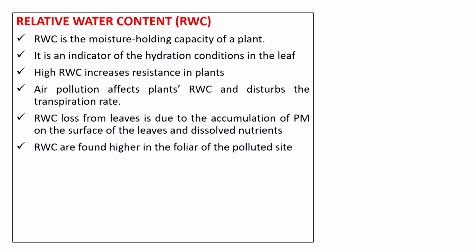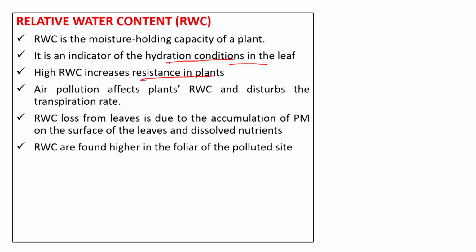Okay. So, relative water content is the moisture holding capacity of the plant. It is the same thing I discussed, that it tells about the hydration condition of the leaf, whether there is sufficient water or not. Higher water content increases resistance in the plant. Okay. Not all plants, some plants cannot survive in high water content, even in the field.